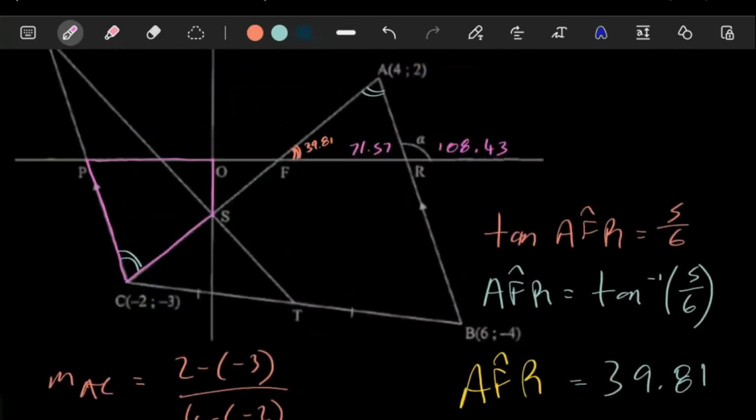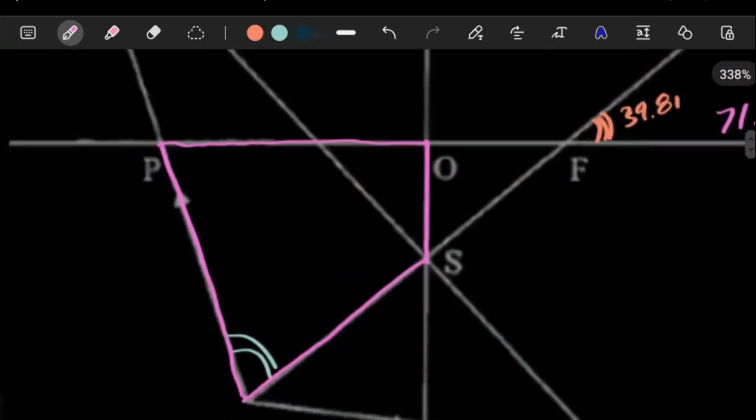Very interesting. So the thing is, fortunately, you have information in this shape. There's an angle there that you have. Don't take this angle for granted. The other thing is, this is a 90-degree angle. Don't take it for granted either.